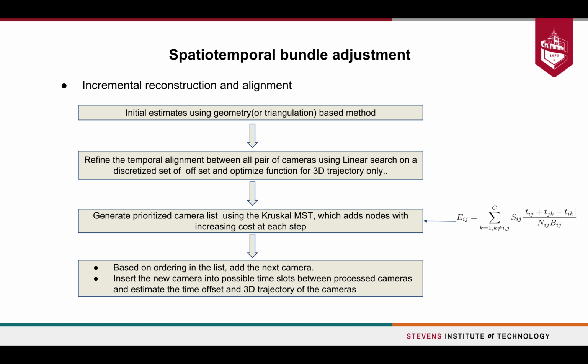The weight is based on the function on the right. Basically, this T is the pairwise time offset between cameras, this Ij is the cost when these cameras are aligned together, this N is the number of corresponding points, and B is the distance of the baseline.